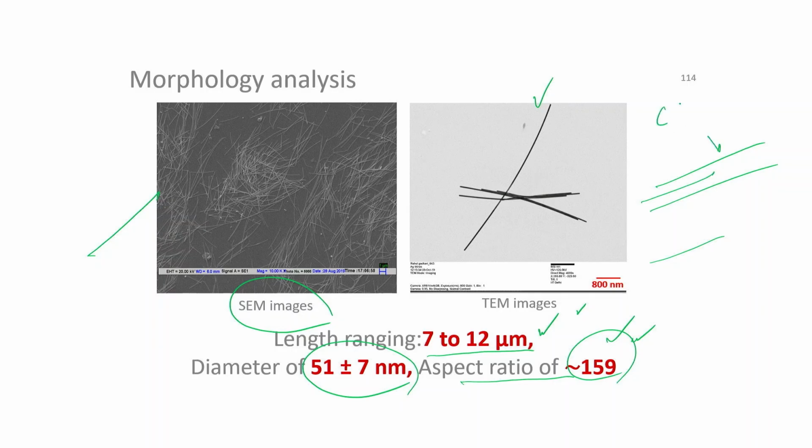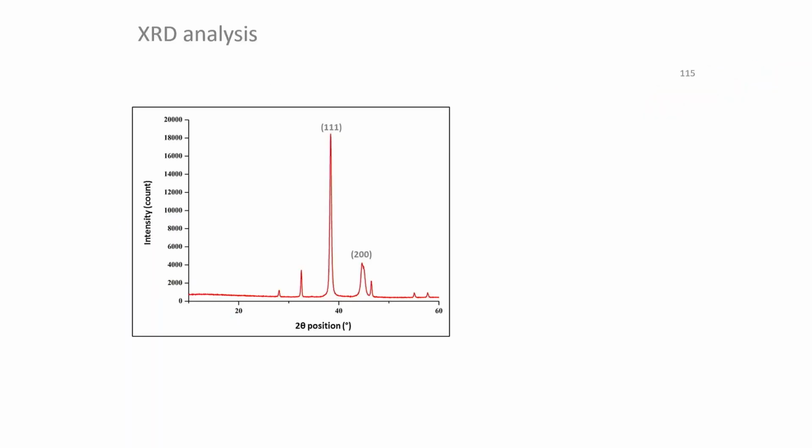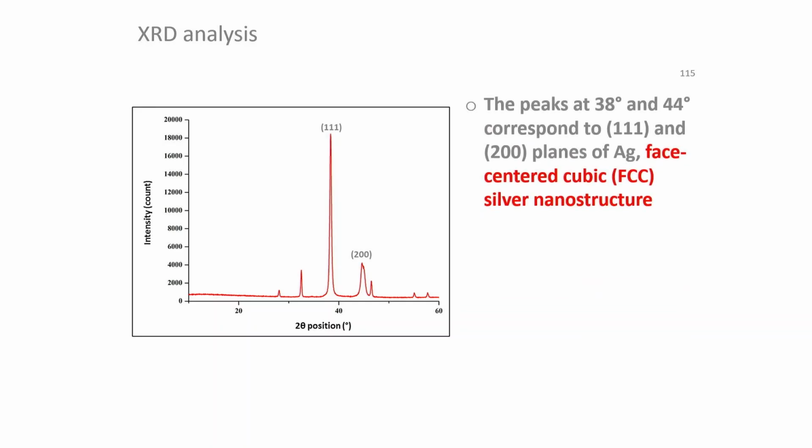Our study was then to embed this nanorod within the chitosan PLA nanofiber that we have incorporated here. Now, you can see the XRD analysis here. Here we have two major peaks, at 38 degree and 44 degree.